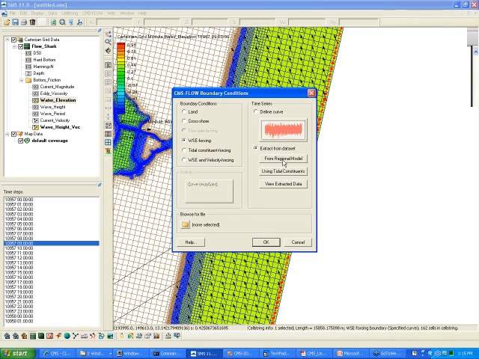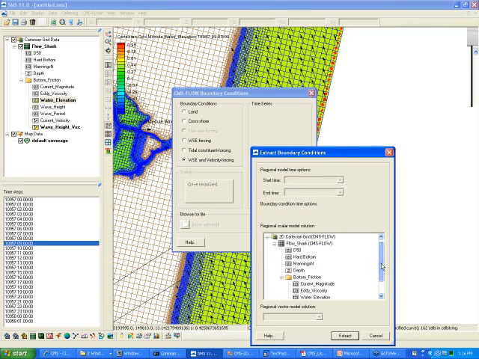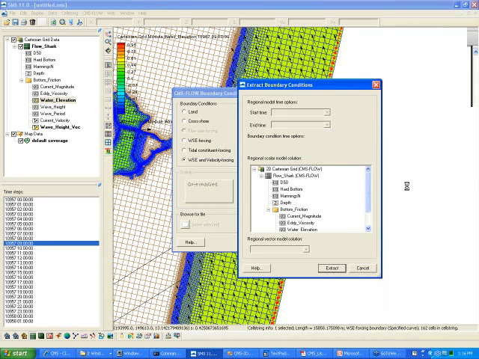If you select a regional model, then you need to have loaded in SMS a larger grid of another model, either ADCIRC or CMS-Flow, and then you would extract boundary conditions from that solution. The other thing you can do is select water surface elevation and velocity forcing, and also extract from a larger model solution. Here you would pick water surface elevation and then current velocities, and then you say extract.